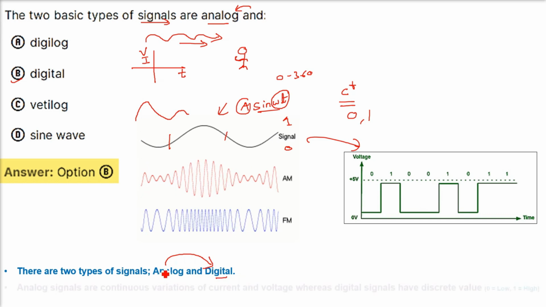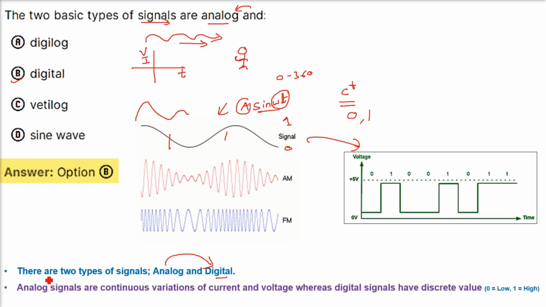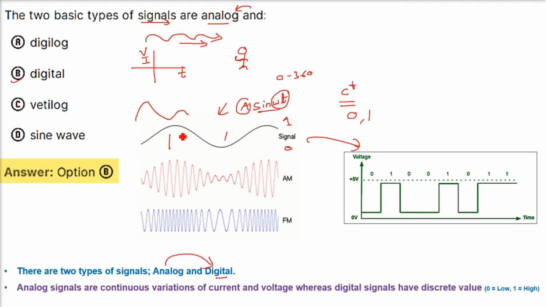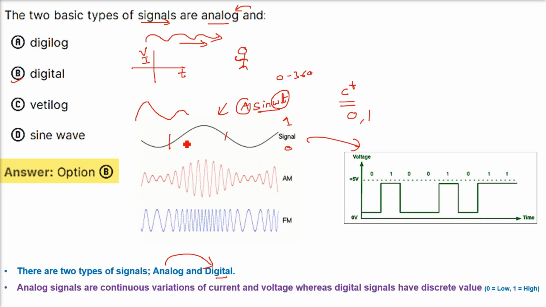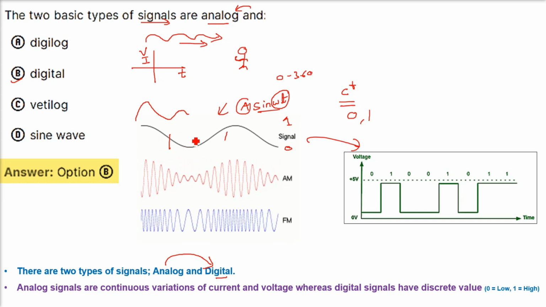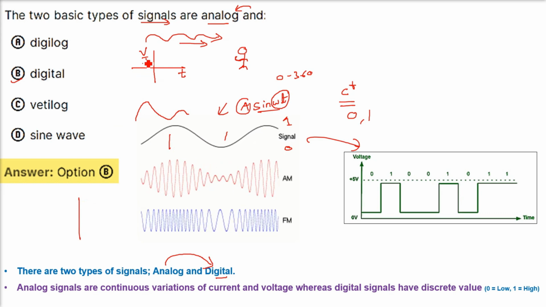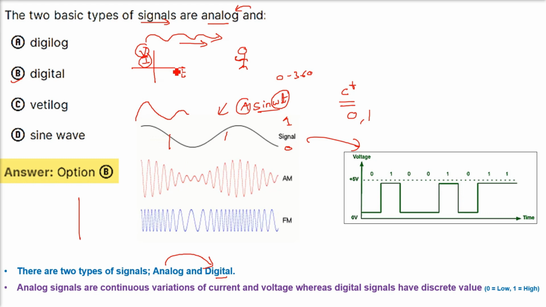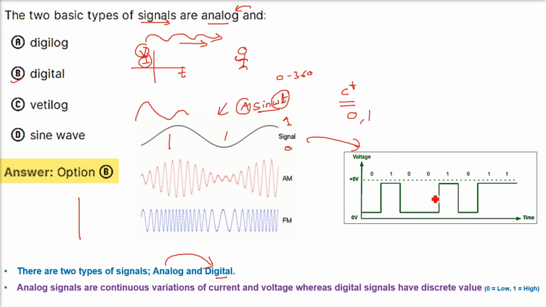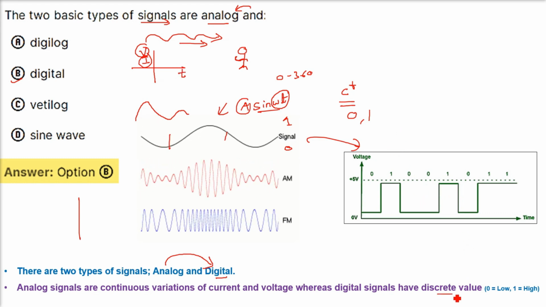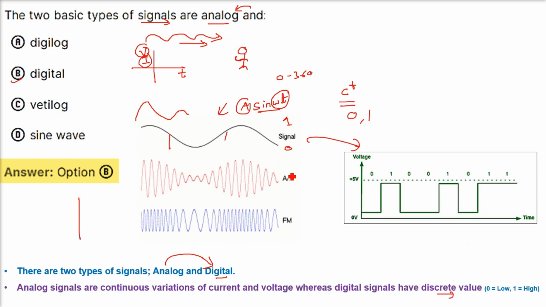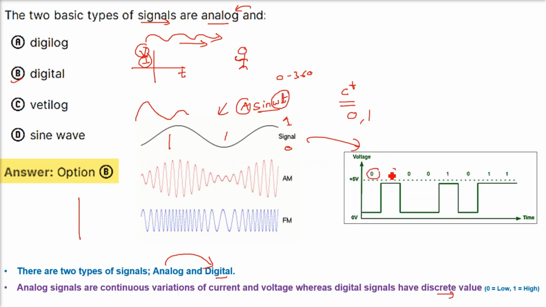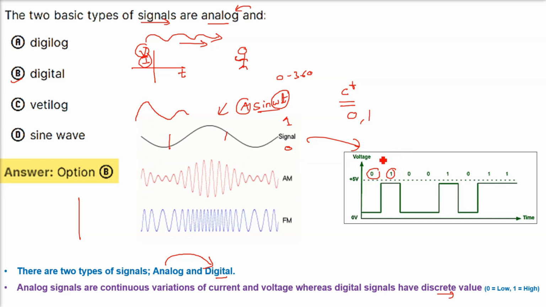So once again, analog signals are continuous variation of current and voltage, while digital signals only take the discrete values of 0 and 1. Now this 0 and 1 is nothing but the voltage which is transferred. For example, if you send through a wire or without a wire a 0 voltage, that corresponds to 0.